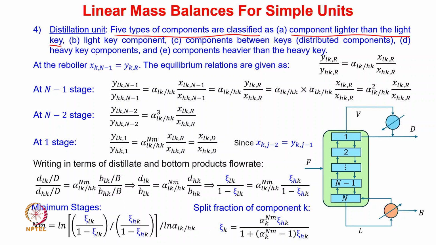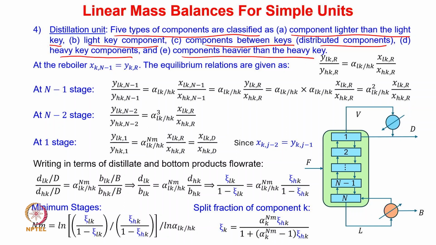Then the second component is the light key component. Then we have the components between light keys and the heavy key. So these are distributed components. Then heavy key component, and the last one is components heavier than the heavy key.